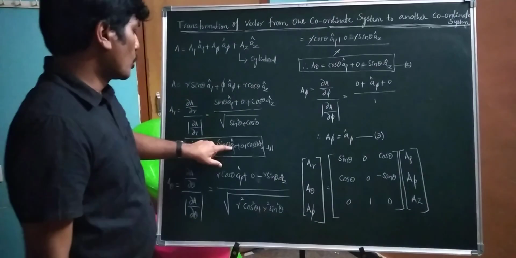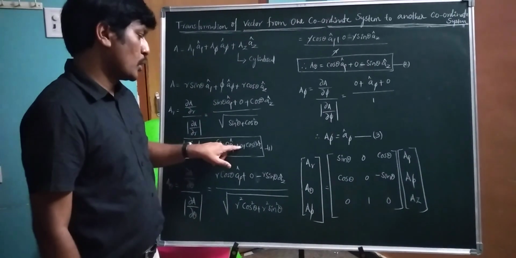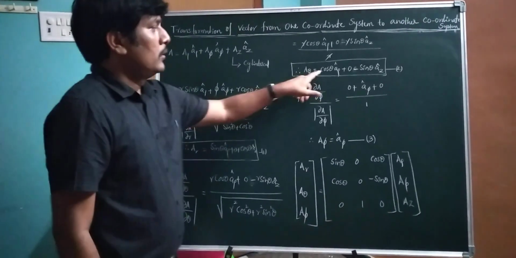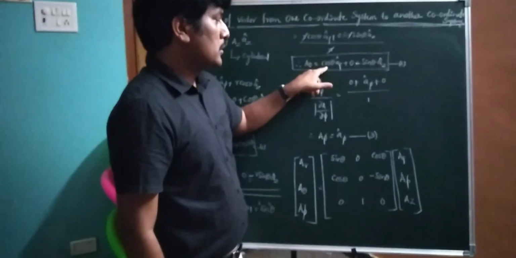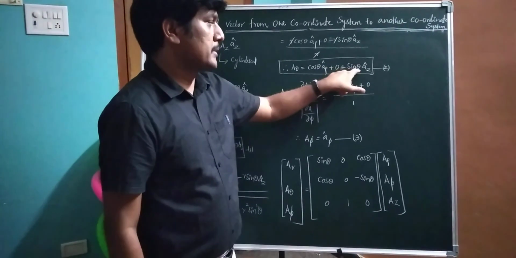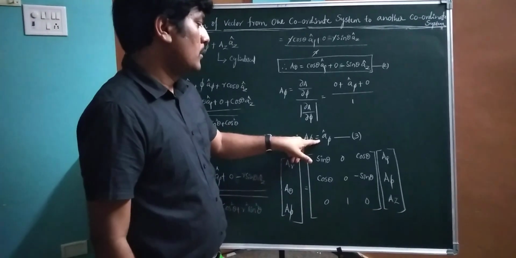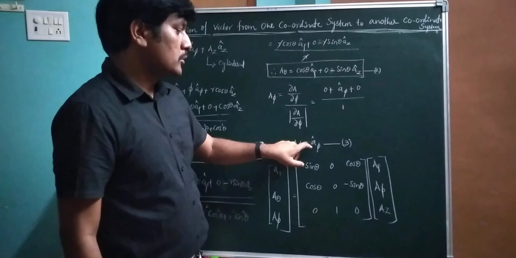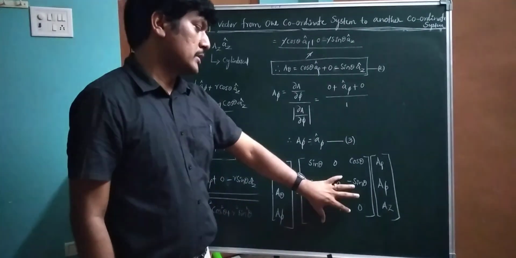Then rho coefficient sin theta, pi coefficient 0, z coefficient cos theta. Next, rho coefficient cos theta, pi coefficient 0, z coefficient minus sin theta. In this, rho coefficient 0, pi coefficient 1, z coefficient 0. So this is the matrix.